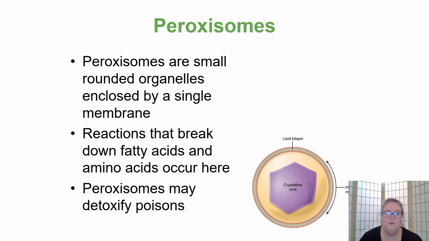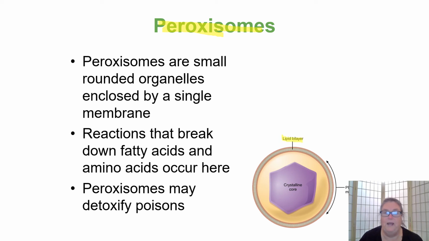Peroxisomes and lysosomes are really difficult to distinguish in an unlabeled model or illustration, so I would not ask you to say, oh, this is a peroxisome and this is a lysosome in a given illustration, because they're vesicles that look the same. But as we're talking about them, we can know the difference, right? So peroxisomes are basically a vesicle.